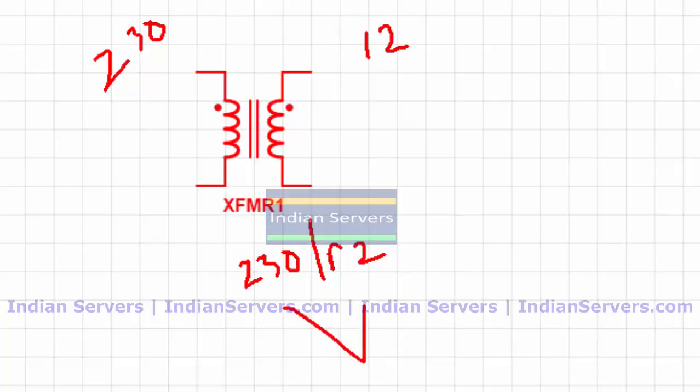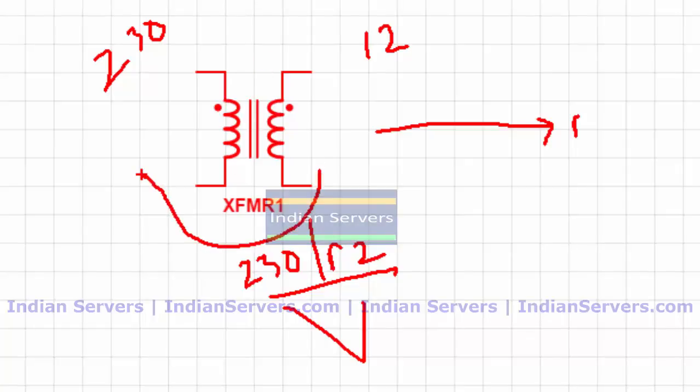From this rating I'm saying that it is a step down transformer. So finally here you will get 12 volts output. If you use the same transformer in the reverse direction, that means 12 and 230, the voltage will be increased and the circuit will get damaged completely. So make sure which one is the primary and which one is the secondary side.